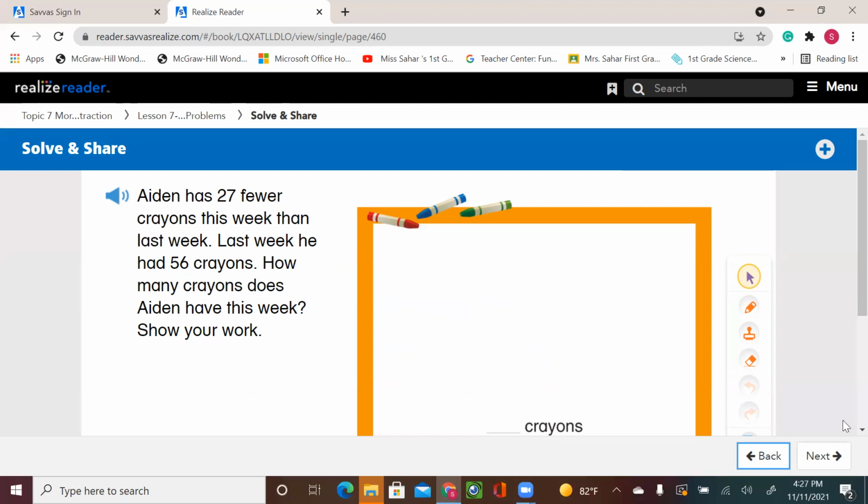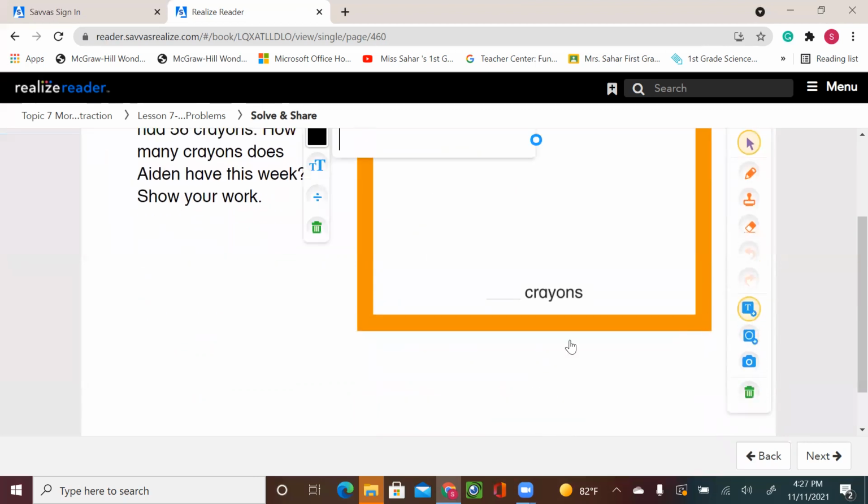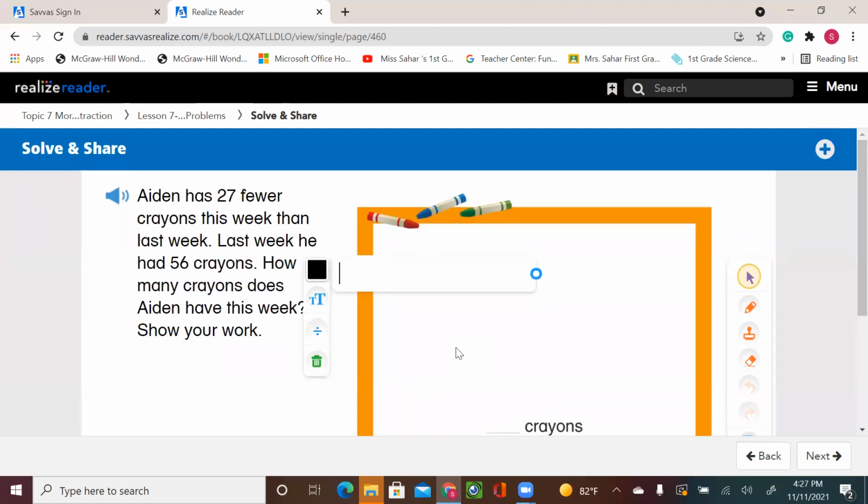So I know that 56 minus 27 equals, so what are we going to do? I'm going to say 56 minus, and I'm going to break apart the 27 into 20 and 7.